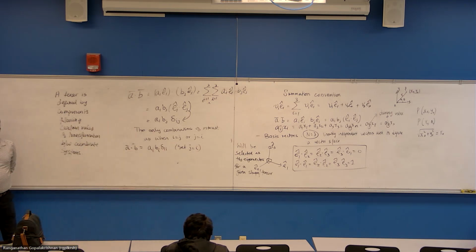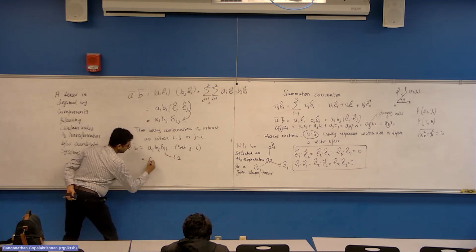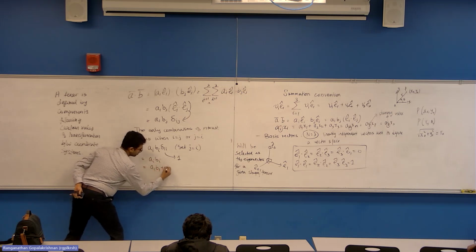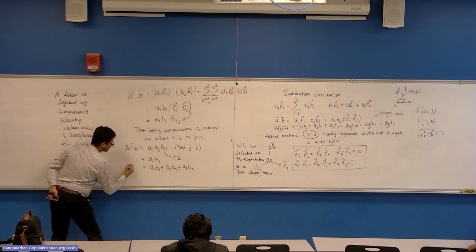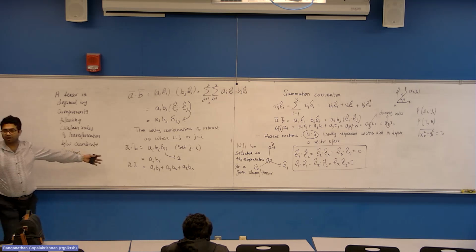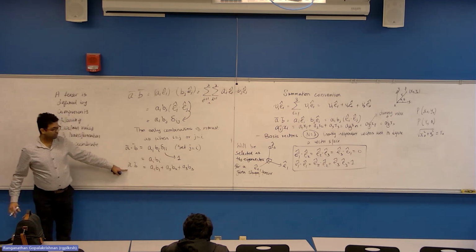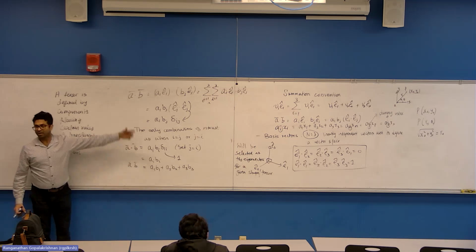Delta ii is just 1. So this is nothing but Ai Bi, or A1 B1 plus A2 B2 plus A3 B3, which is a result you knew all along. This is just the dot product of two vectors, where A1, A2, A3, B1, B2, B3 are the components. All we have done is do it in tensorial, or indicial, form.